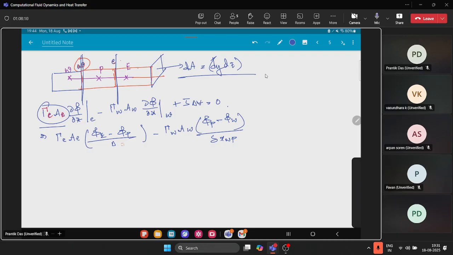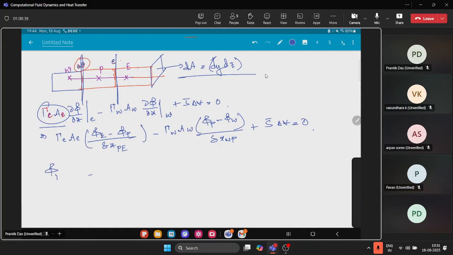For this delta x, I can write delta x_PE. So this equation becomes gamma_e A_e divided by delta x_PE times (phi_E minus phi_P), and you can also write it directly.